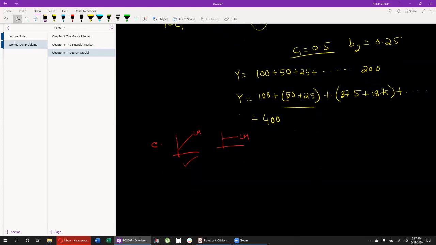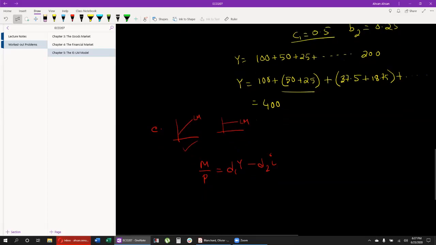So in the traditional method, let me write this down. This is the real money supply, which is equal to, suppose, D1 Y minus D2 I. Now D1, D2 are just simple coefficients, so think of them as numbers. Suppose we have 3y minus 6i.